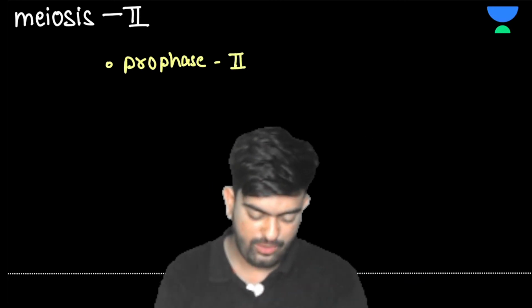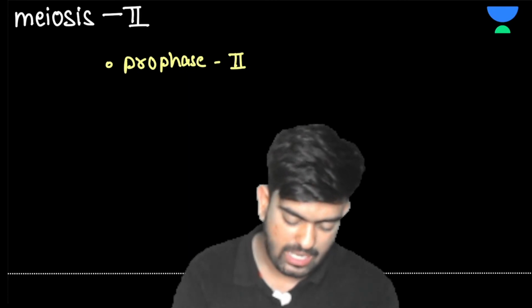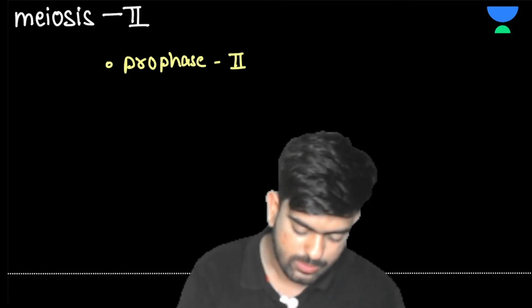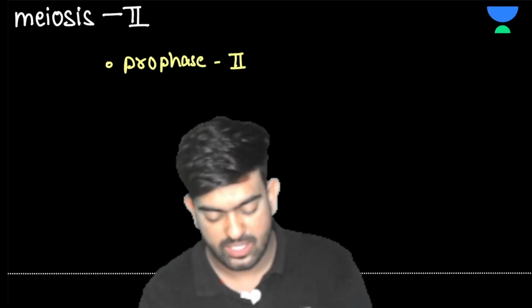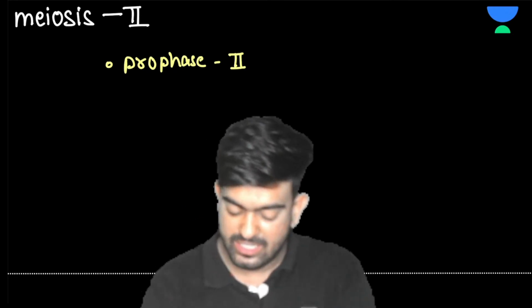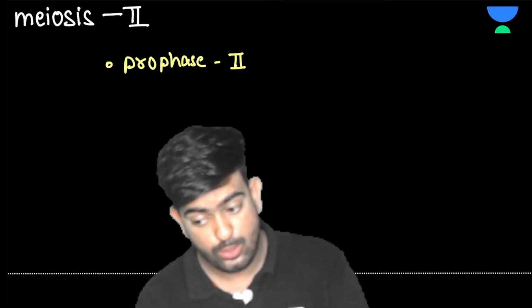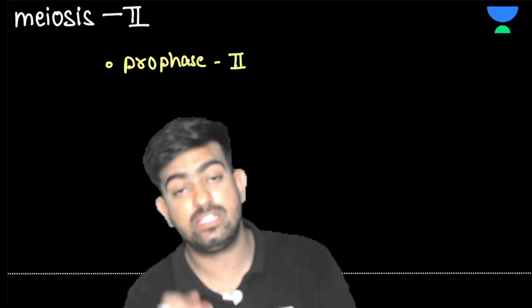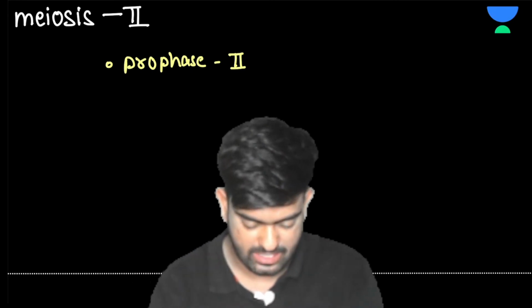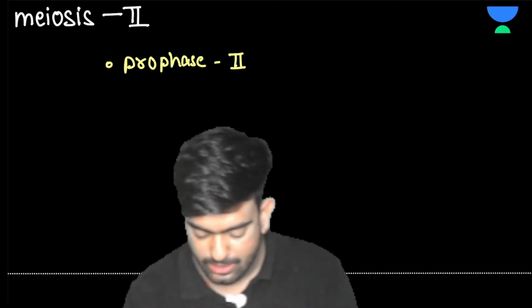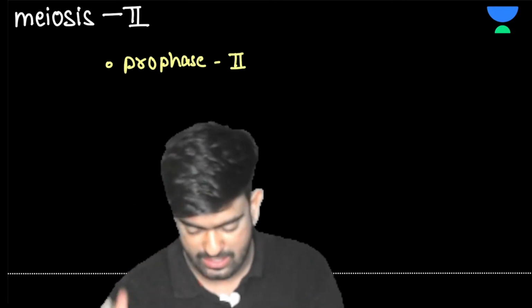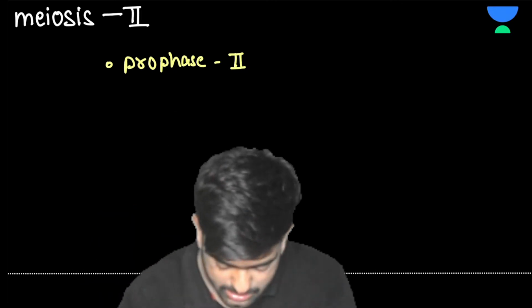Now I am going to ask you how many chromosomes we have in this particular stage. Whether the condition of the cell is n or 2C, or whether the condition of the cell is 4n, 4C, what is the condition? See here. Right now, before entering prophase 2, the cell is something like this, okay?